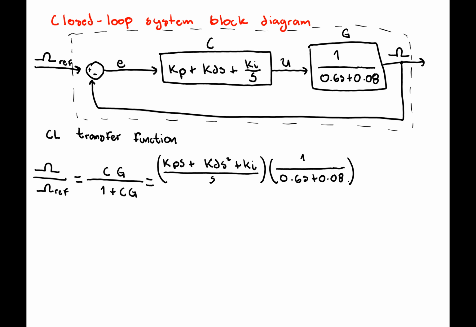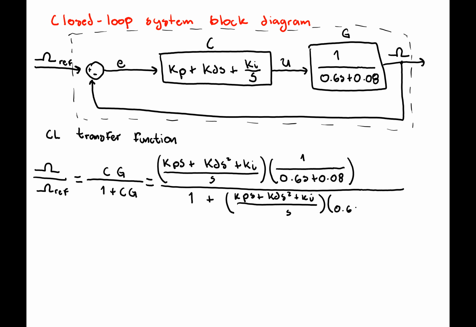Okay, this over 1 plus, and the same that we have on top, Kp s plus Kd s square plus Ki over s, times, I'm going to start with the denominator, that way I won't have to extend the line, 1.